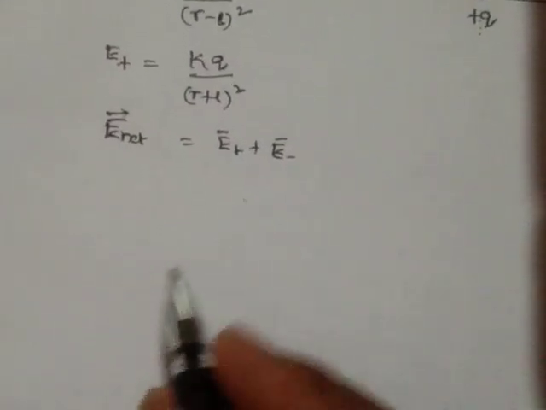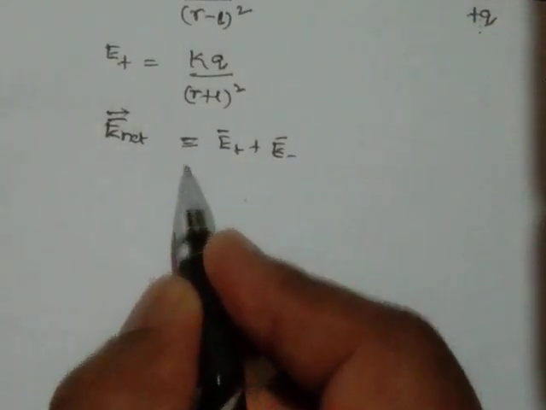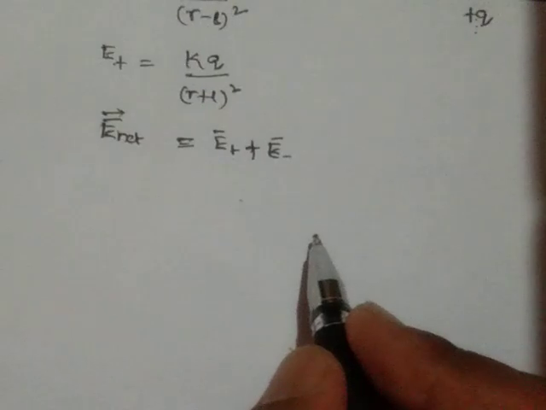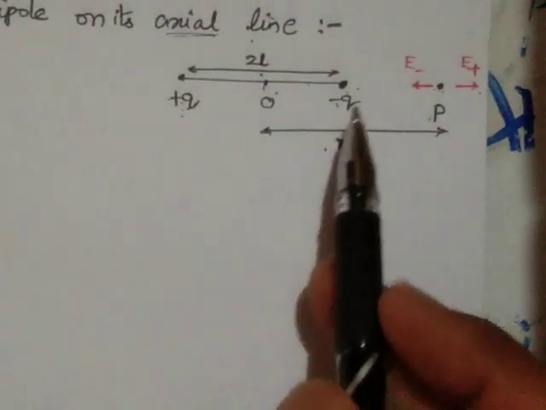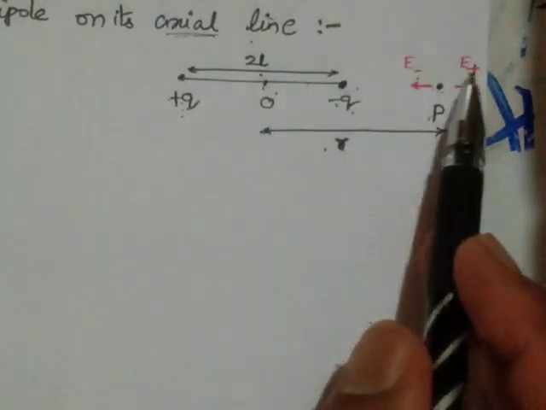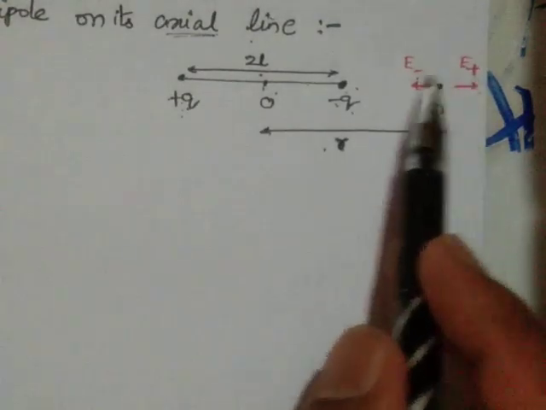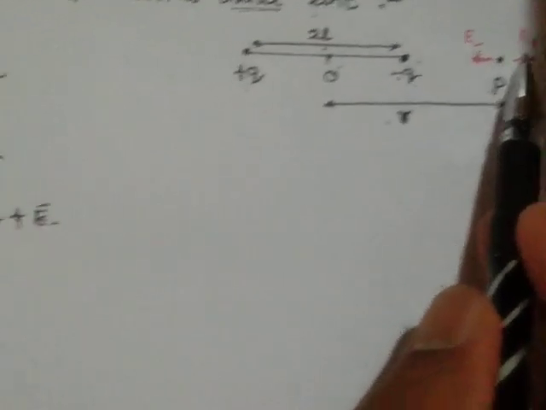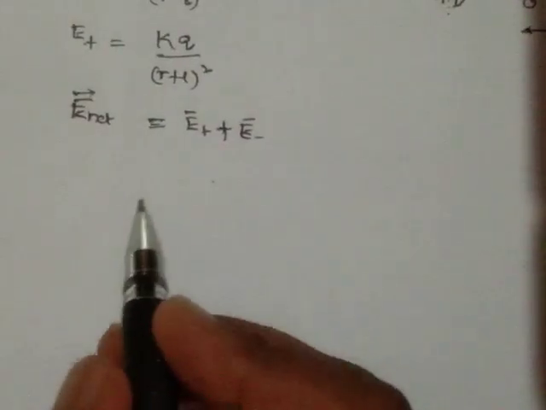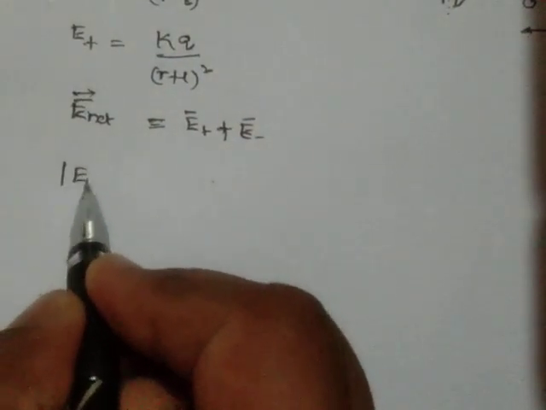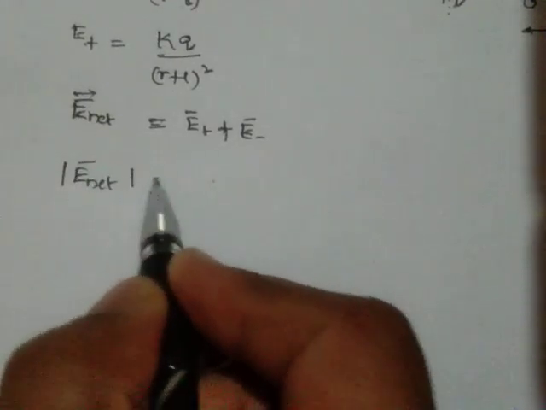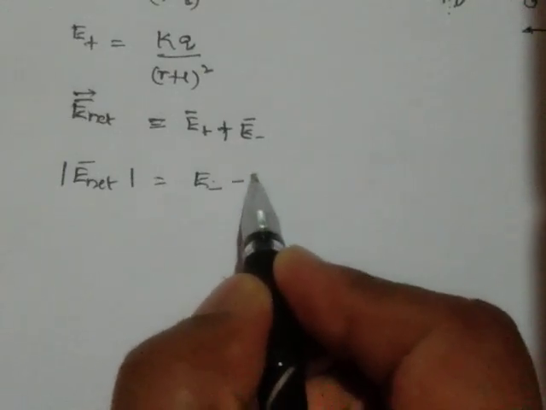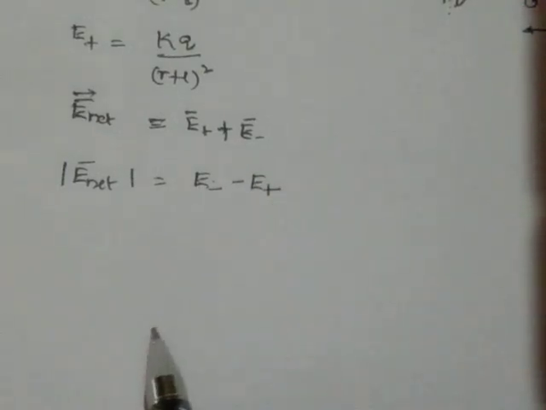Here I would like to calculate the magnitude of the field intensity first. According to the parallelogram law of vector addition, at point P both E minus and E plus act opposite to each other, so the angle between them is 180 degrees. The modulus of E net bar is E minus minus E plus.